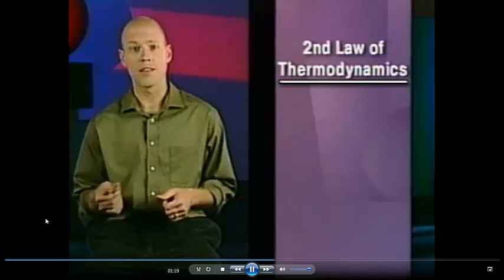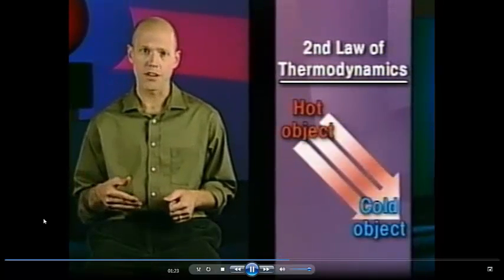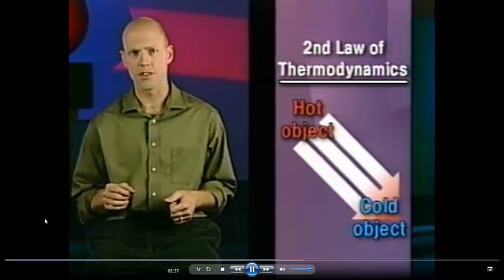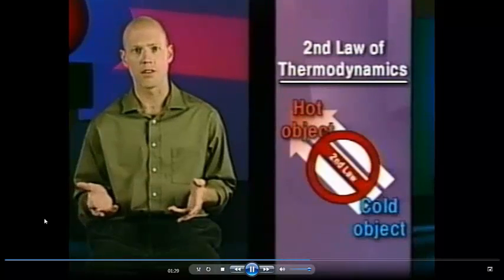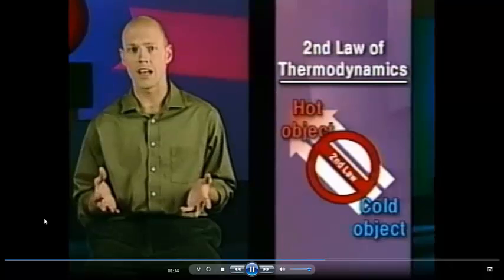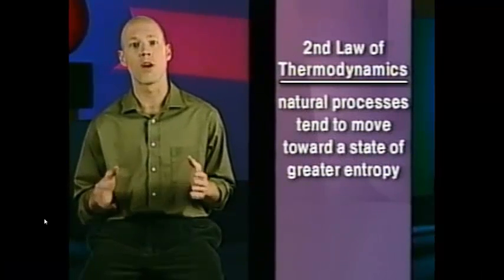Remember, we first stated that the second law of thermodynamics said that heat flows naturally from a hot object to a colder object, and heat will not flow spontaneously from a cold object to a hot object. With entropy in mind, the second law of thermodynamics can be restated as, natural processes tend to move toward a state of greater entropy. In other words, everything in nature is moving towards disorder.